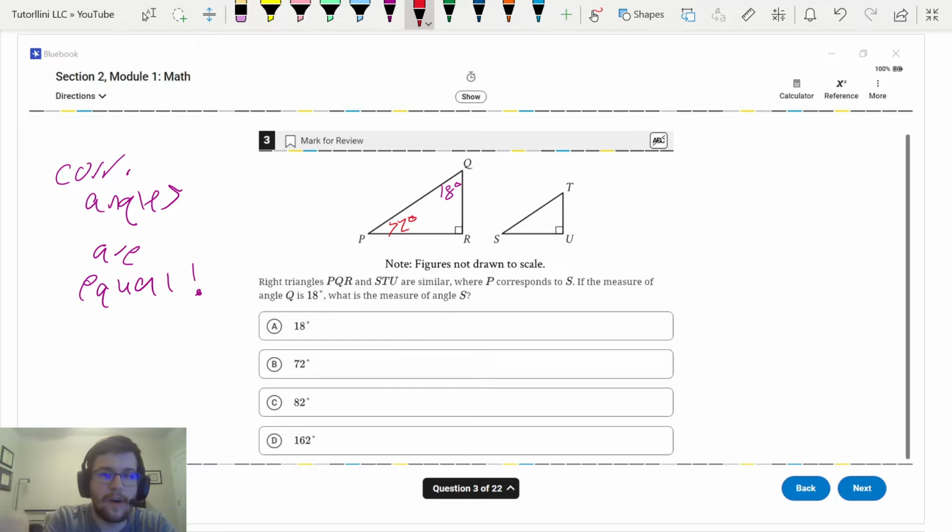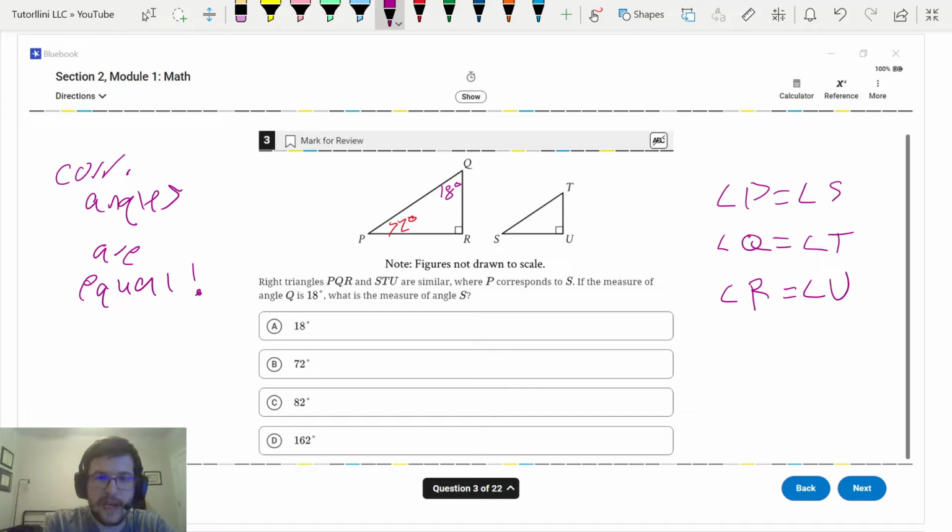And now, remember, just off to the side, angle P equals angle S, angle Q equals angle T, and angle R equals angle U. And we got that again from the similarity statement, the order in which the letters come in. The first two go together, then the middle ones go together, and then the last ones go together.